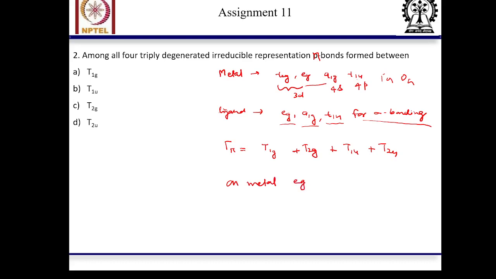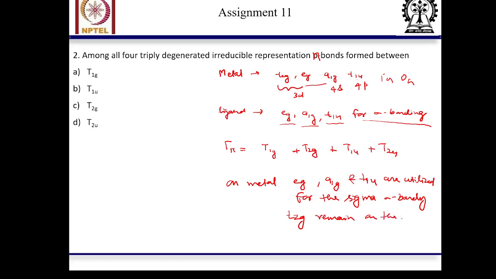Your Eg, A1g, and T1u are utilized for the sigma bonding. So now what remains? You have only T2g remaining on the metal.